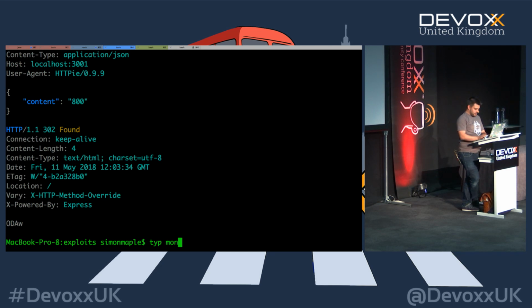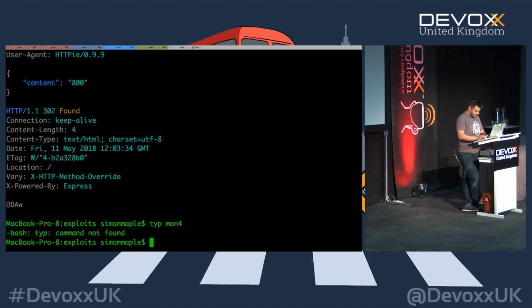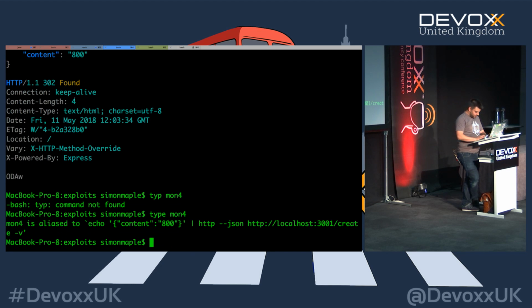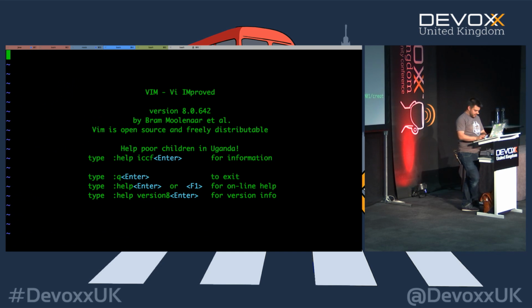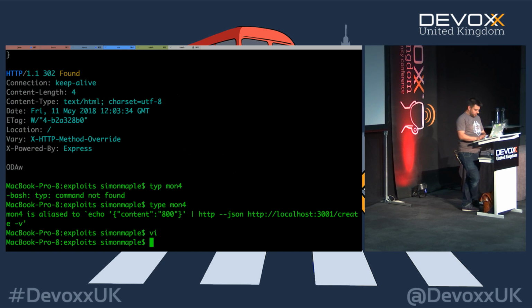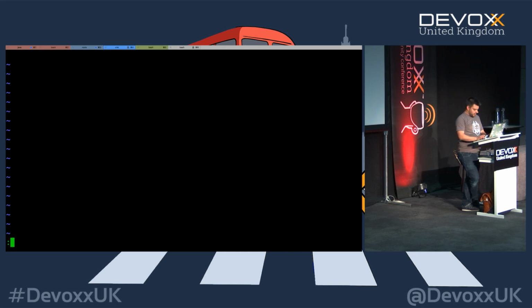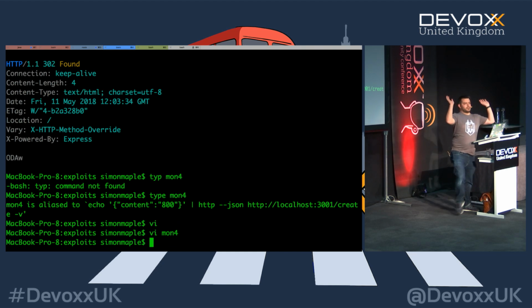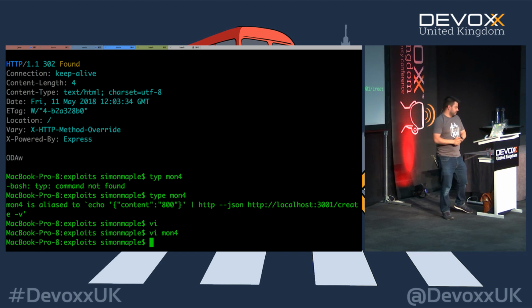Let's type with 800. If I type mon4 again, yeah, okay, let's just vi that. I have no idea why that didn't work.